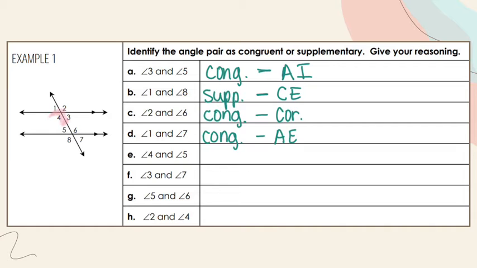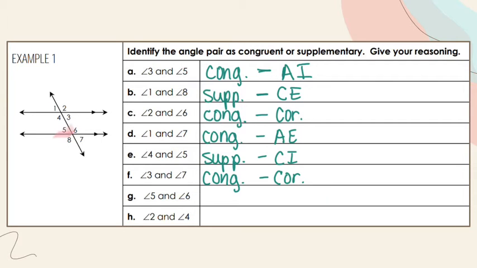Angle 4 and angle 5. These will be supplementary. The reason they are supplementary is that they are consecutive interior angles. Angle 3 and angle 7 are going to be congruent. The reason being they are corresponding angles.